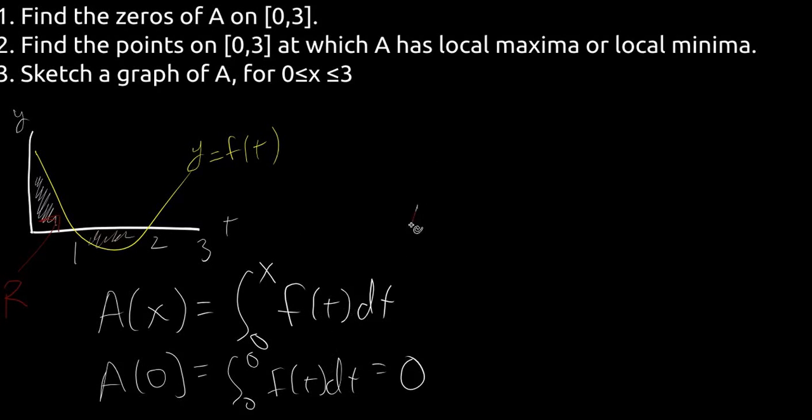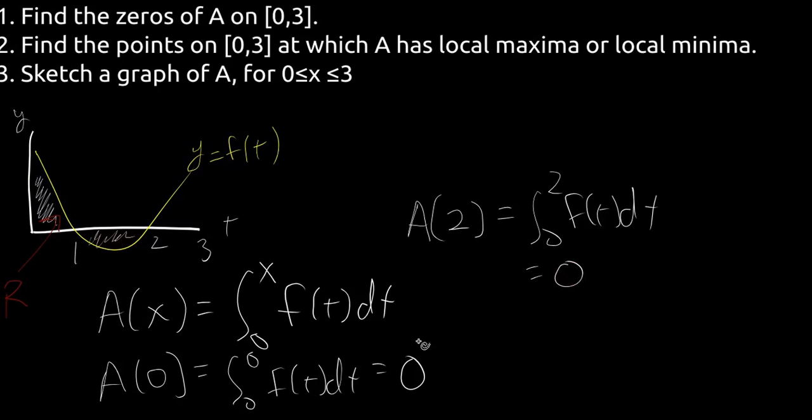In other words, if we plug in 2, we're integrating from 0 to 2, f of t dt, and using the notion of signed areas, this positively signed area cancels with this negatively signed area, so we get 0. Thus A has zeros, x equals 0 and 2.